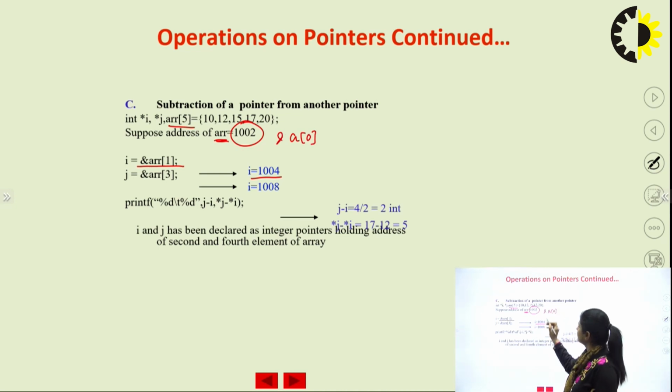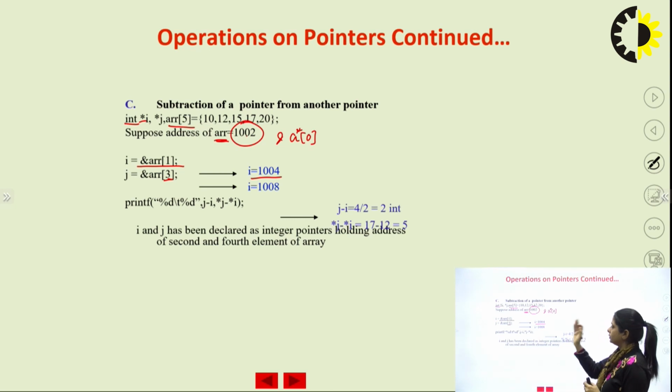The address of the first element, so it will be 1002 plus 2, again it is of type integer, so it becomes 1004. When we are talking about index 3, that is 1004 plus 2 plus 2, 1008, right.